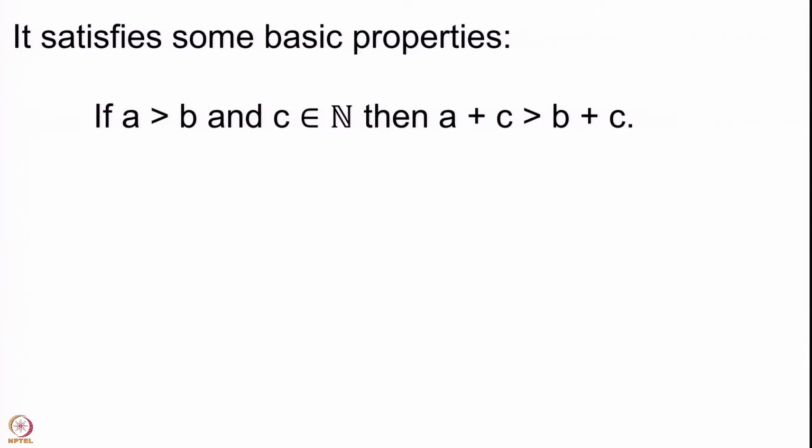What does the first one say? It says that whenever you have a natural number a bigger than another natural number b and you have a third natural number c, if you add this third number to both a and b, then the relation is preserved. The sum respects the relation.